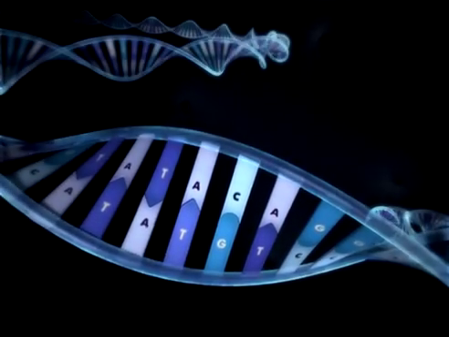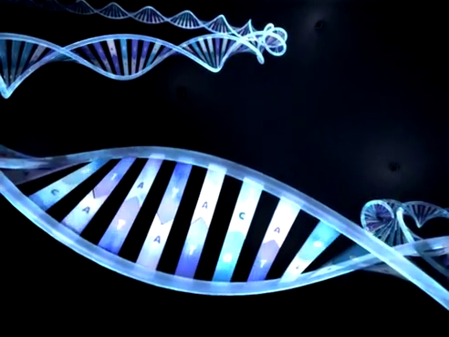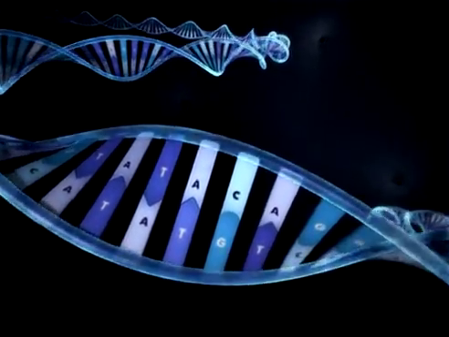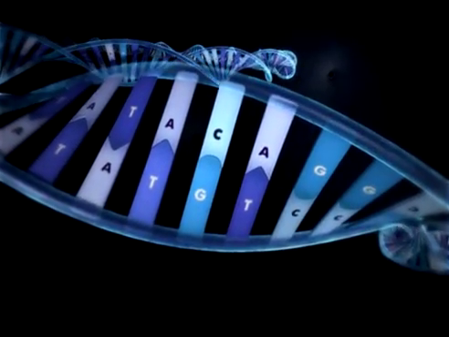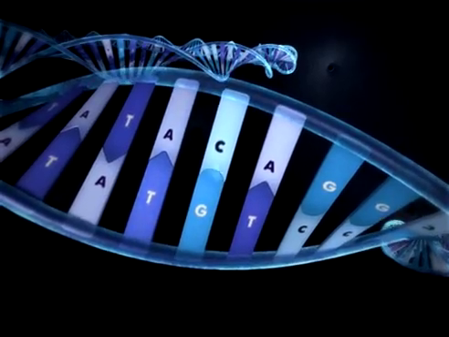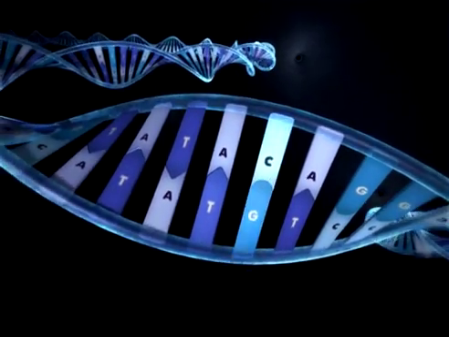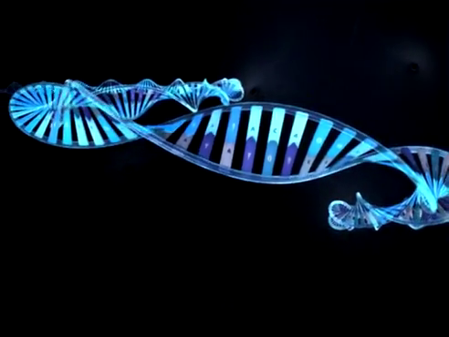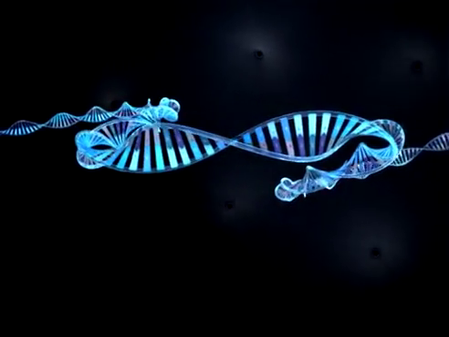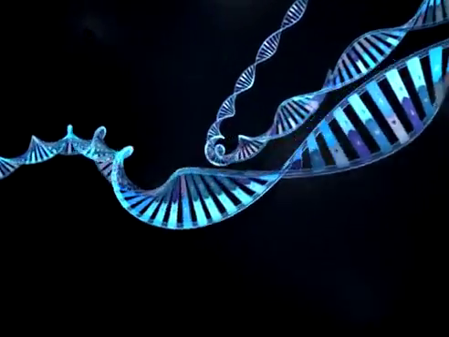The rungs of the DNA's double helix are formed by bonds between these base pairs of nucleotides. Base pairs form bonds only between A and T and between G and C. Thus, the base sequence of each single strand of DNA can be deduced from that of its complementary strand.